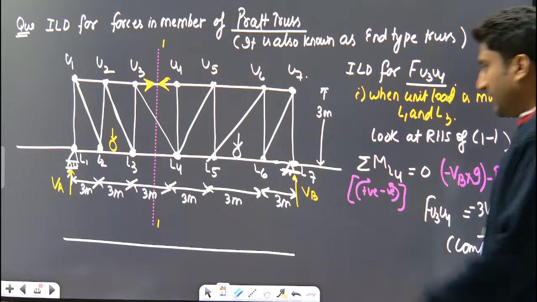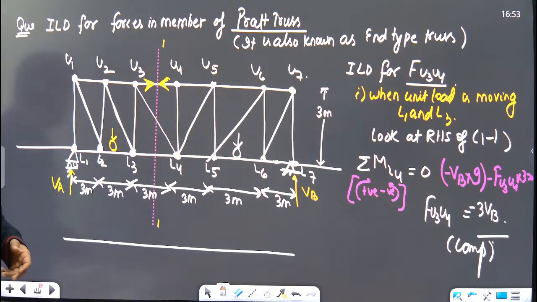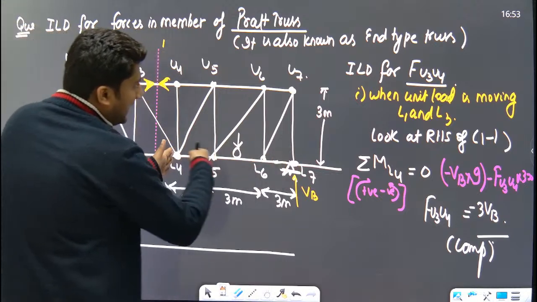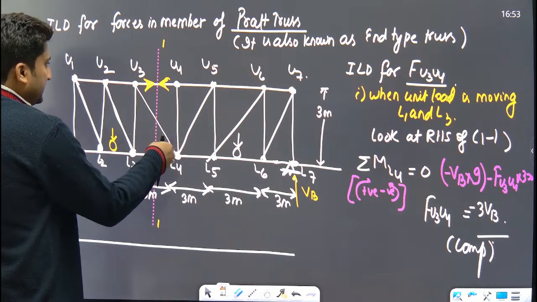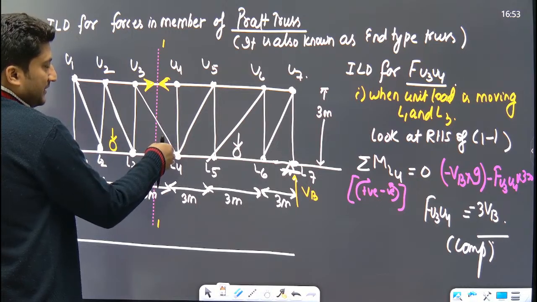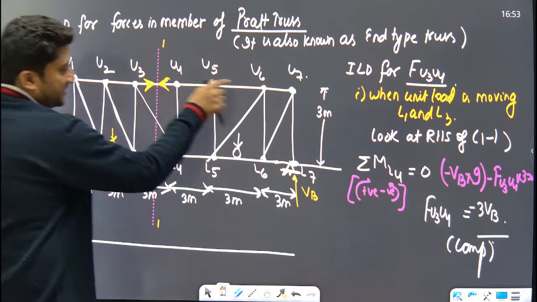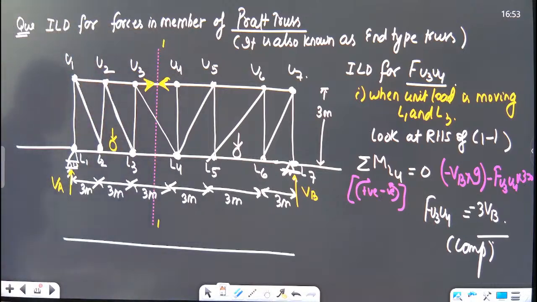The ILD for VA will be, when the force is in between L1 and L3, what is the force in the member U3, U4? This is 3 times of VB. 3 times of VB. Yes or no?